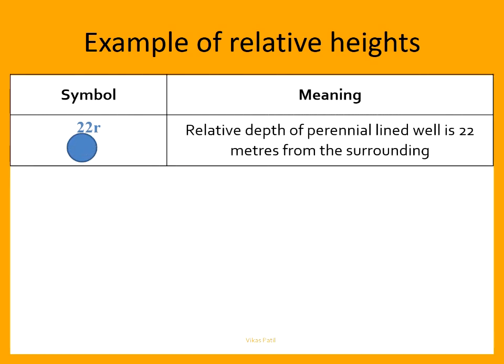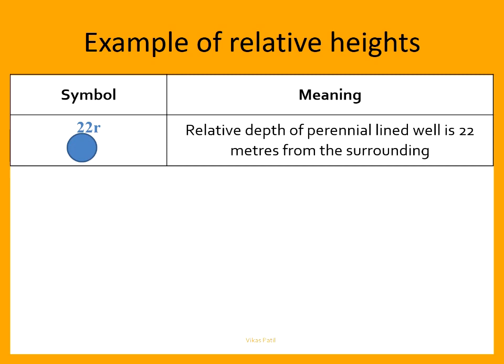Next we have wells. Now wells are shown with the help of blue dots. Some of the dots are completely blue, some of them have only blue outline, and here the height will be written in blue because it's not the height but the depth.